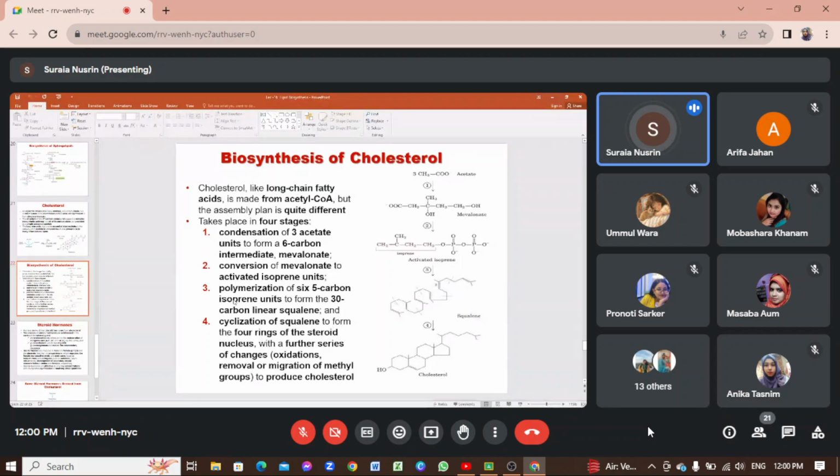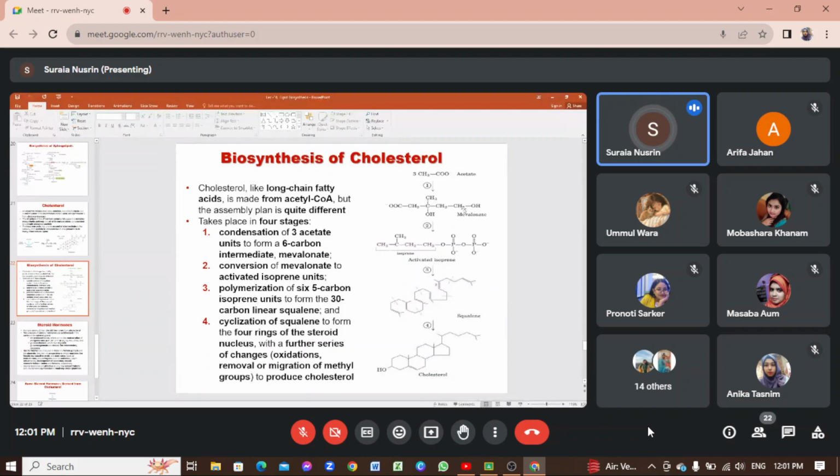If you look at the very first step, acetate, coming from acetyl CoA, 3 molecules of acetate are condensed together to give rise to a 6-carbon intermediate, which is called mevalonate. Okay, mevalonate. And in the next step, mevalonate is activated.